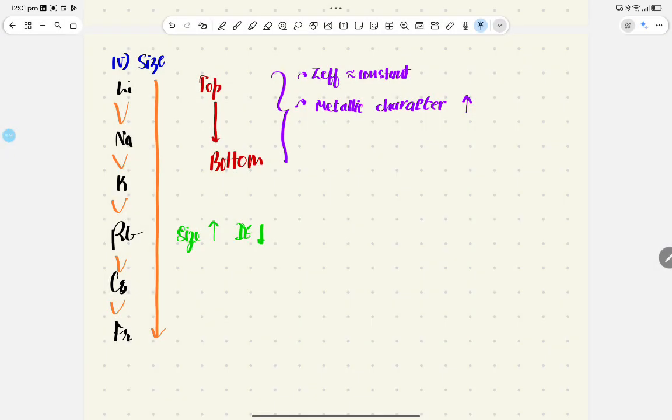Now let's talk about the fourth factor, that is size. As you go from top to bottom in the periodic table, the size of an atom increases, and with that your ionization energy decreases.